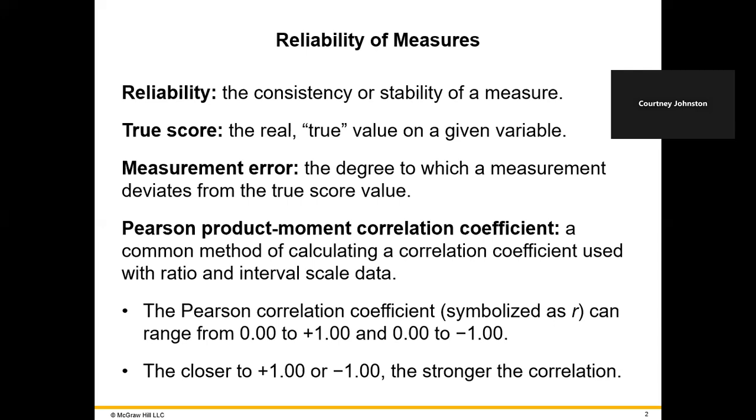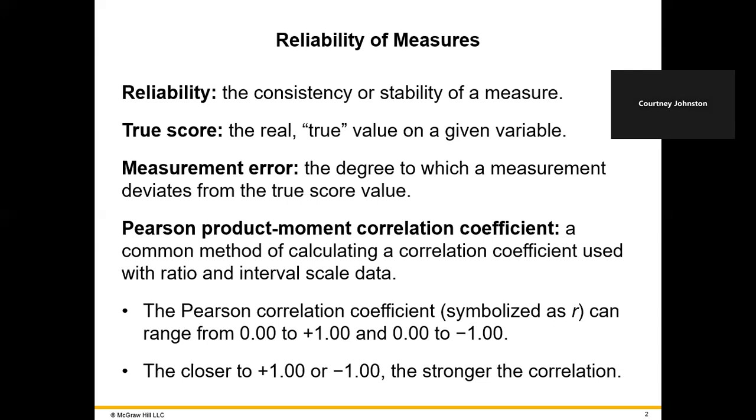And this does not have to require validity because a thermometer could technically not be calibrated, and thus you will get an inaccurate measure, but you may get that inaccurate measure over and over. That would indicate that that thermometer does have high reliability, but it has low validity. So again, reliability is the consistency of a measure over and over again.